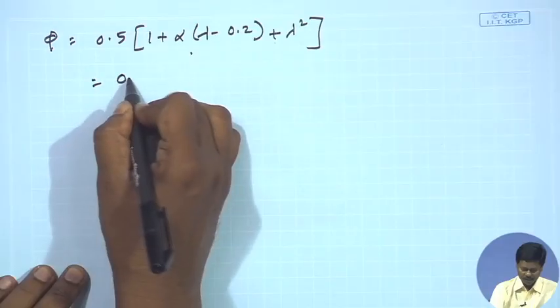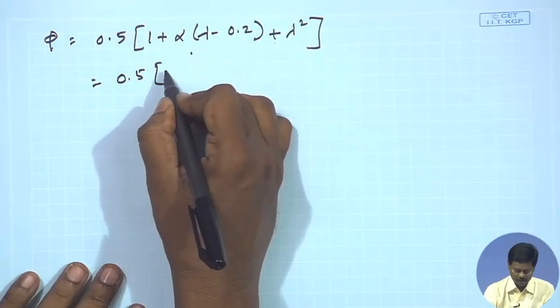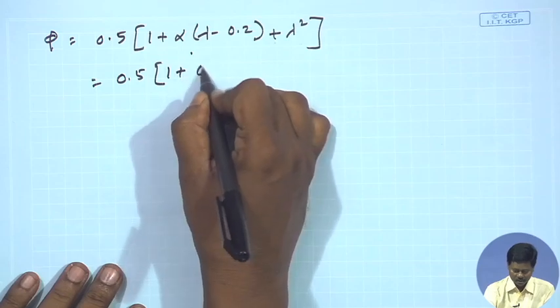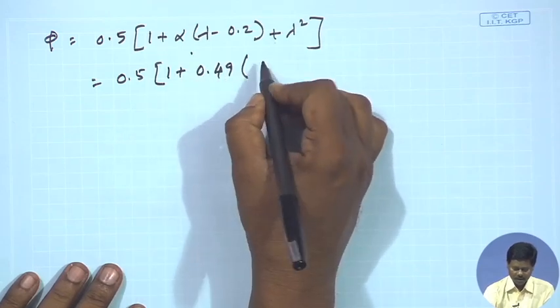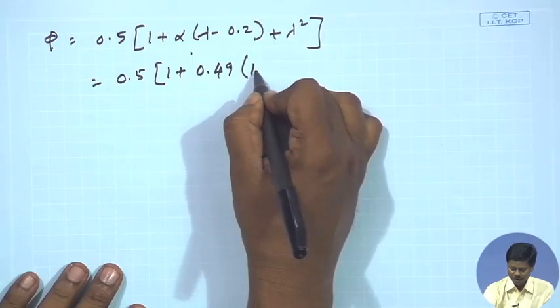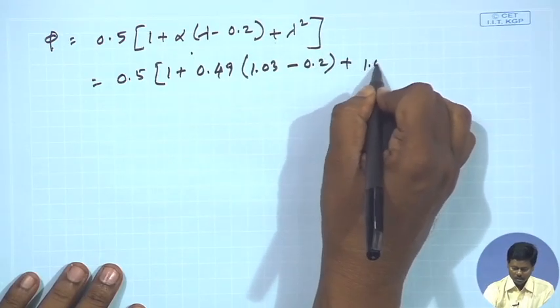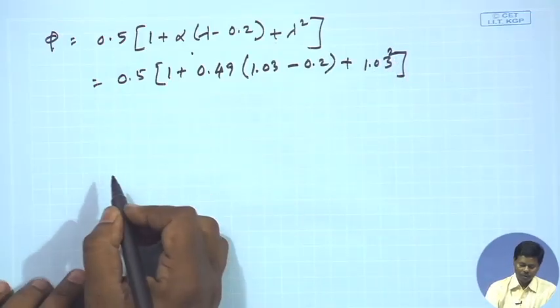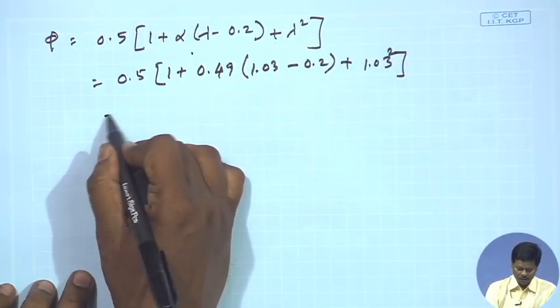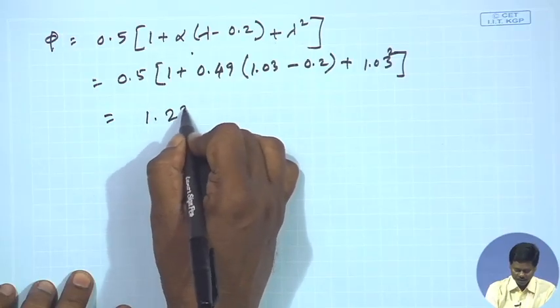So, putting the value of alpha and lambda in this equation, alpha is 0.49 and lambda is 1.03. If I put this value, then the value of phi I can find as 1.2338.